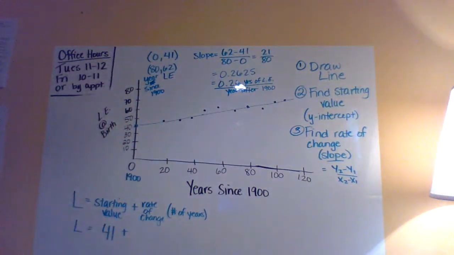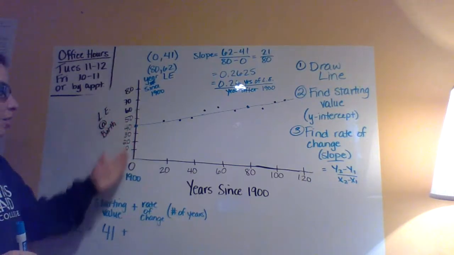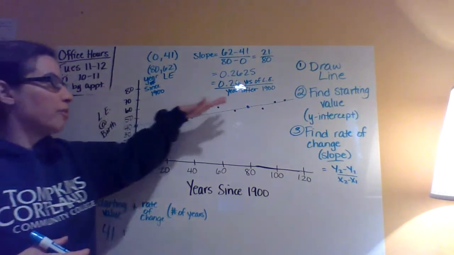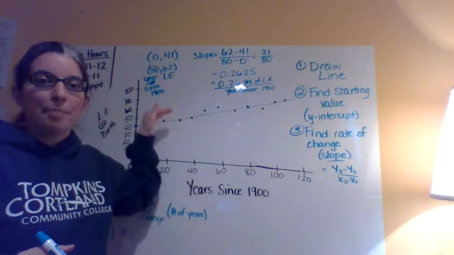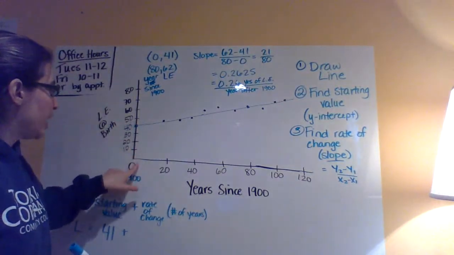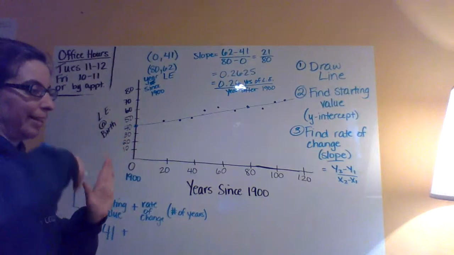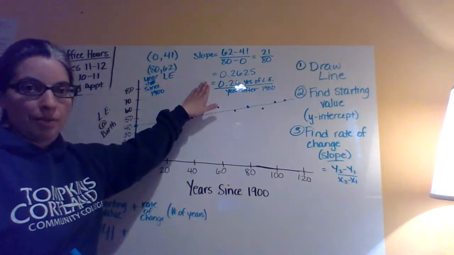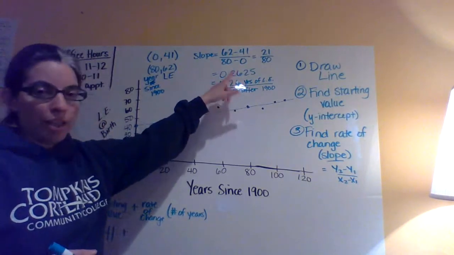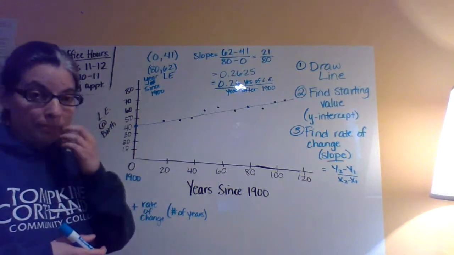So if our life expectancy in 1900 was 41, let's say, and we simplify by assuming the rate is constant all the time, we know it's not, but this gives us at least an estimate, then 1 year later, babies born in 1901 would be expected to live another quarter of a year, another 3 months. So every 4 years, roughly, the babies would be expected to live another year.